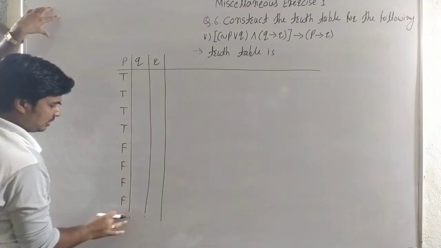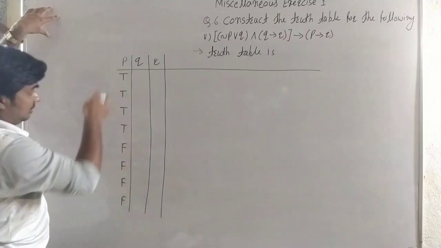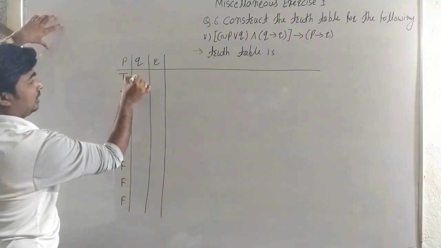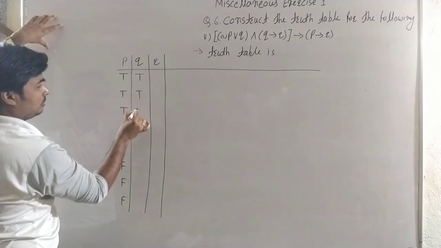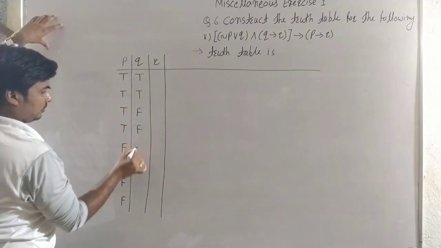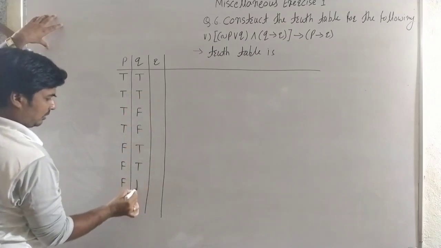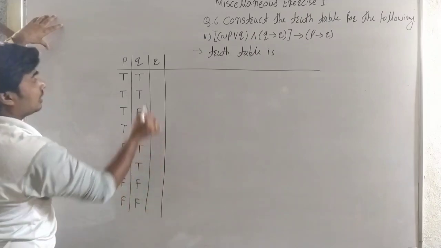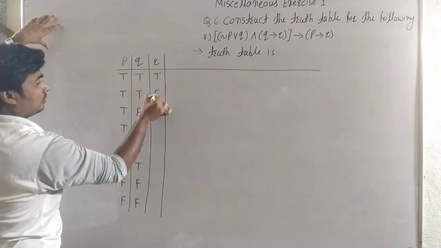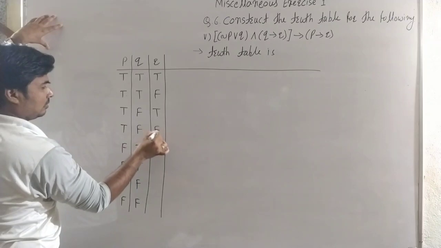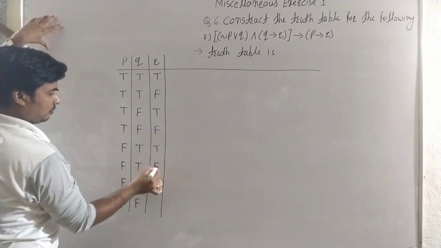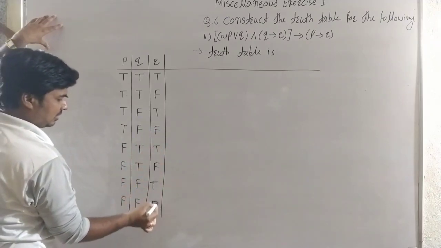Here all possibilities of the truth values of the 3 statements. For the Q, 2 times true, 2 times false, 2 times true, 2 times false. Then for R: true, false, true, false, true, false, true, and last false.